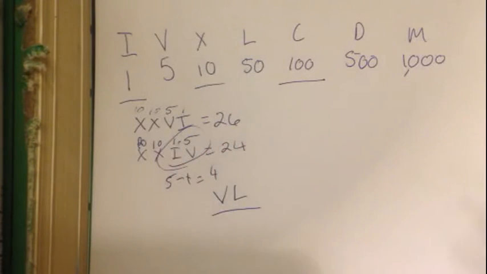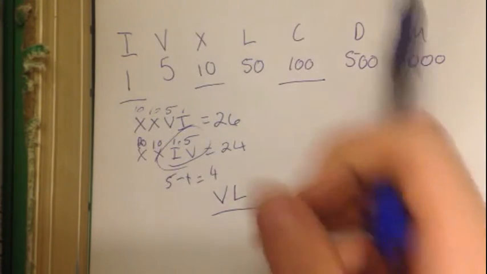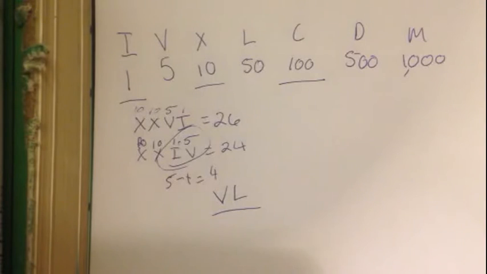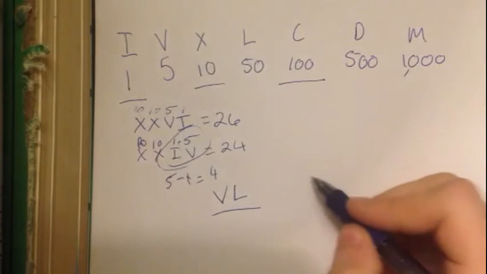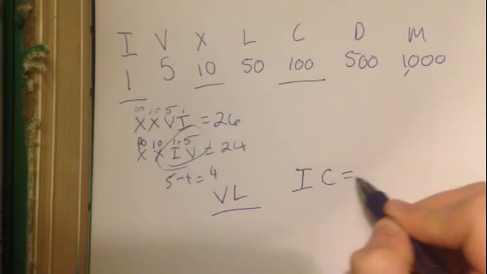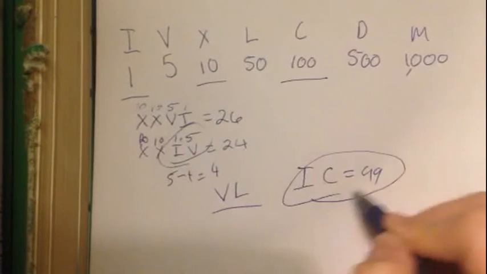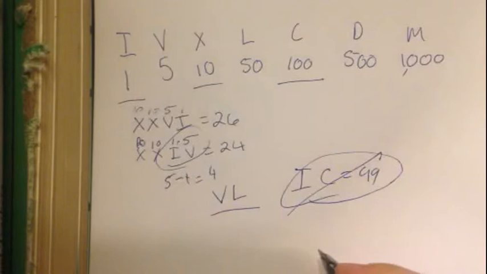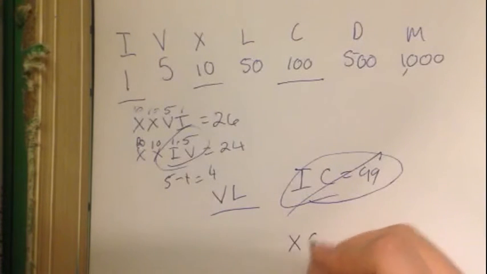Another limitation they put on was you couldn't subtract from anything that was more than 2 places away. So, for instance, you couldn't write IC to make 99. That would not work. To make 99, you have to write XCIX.